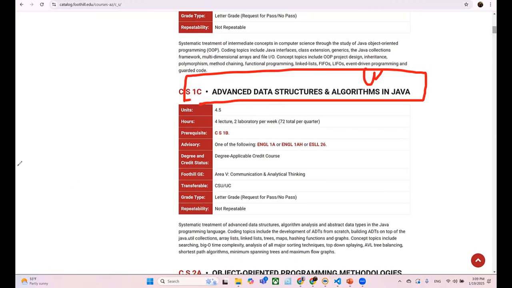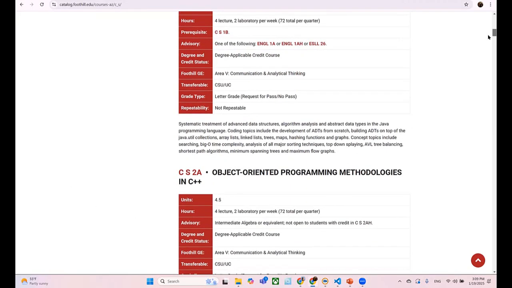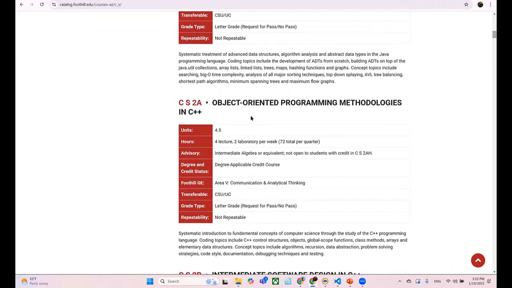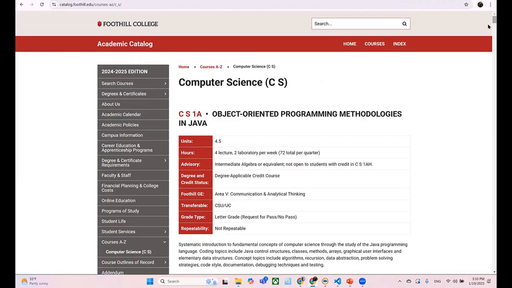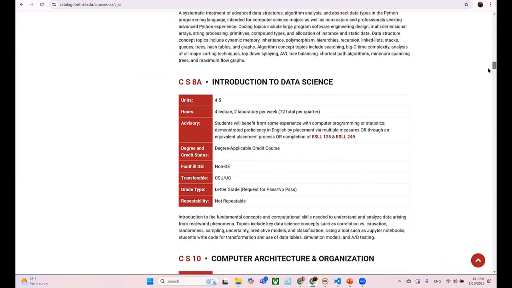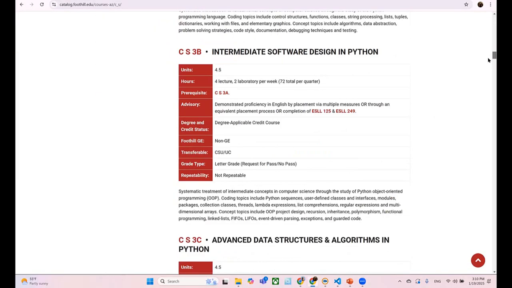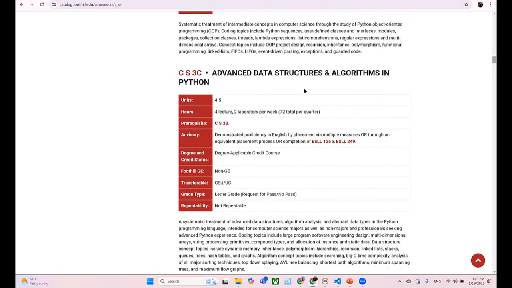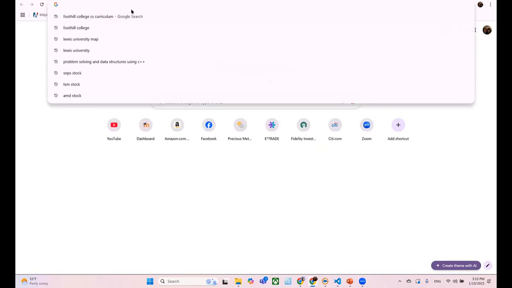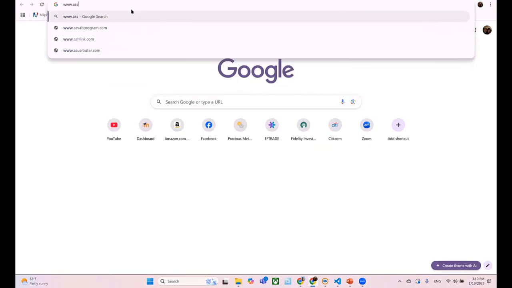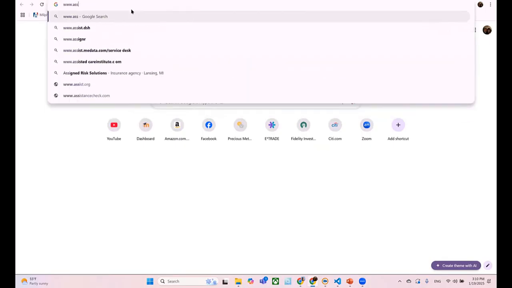And then 2A, 2B, 2C is for C. 1A, 1B, 1C is for Java. And then you have 3A, 3B, 3C. Now one more thing. If you'd like to get credit from college, you need to check with assist.org.